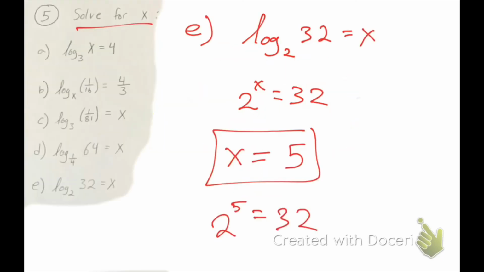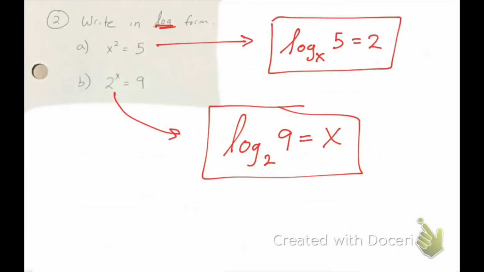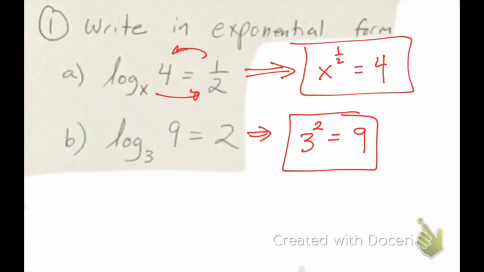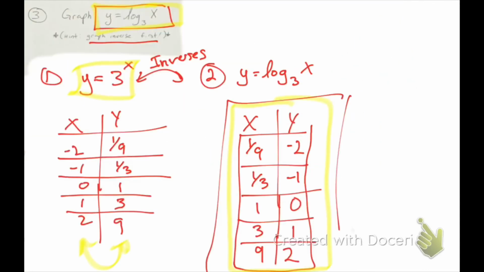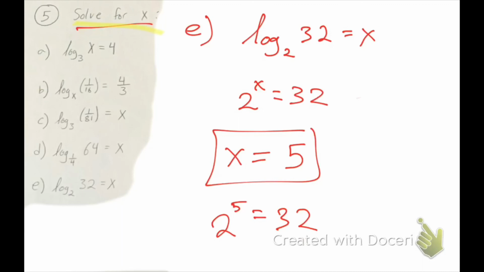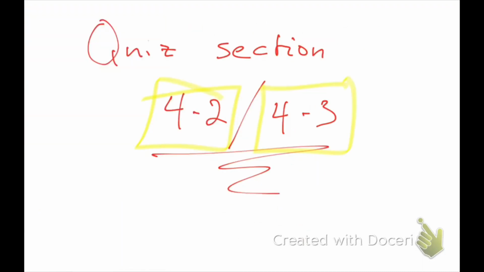It's going to be pretty similar to this whole worksheet. You guys will have questions similar to that. You'll have to convert from exponential to logarithmic and vice versa. You'll have to graph. You'll have to solve questions like this. I mean, this is pretty similar to the quiz for the 4-3 part. And you're also going to have the 4-2. So make sure you guys review that.